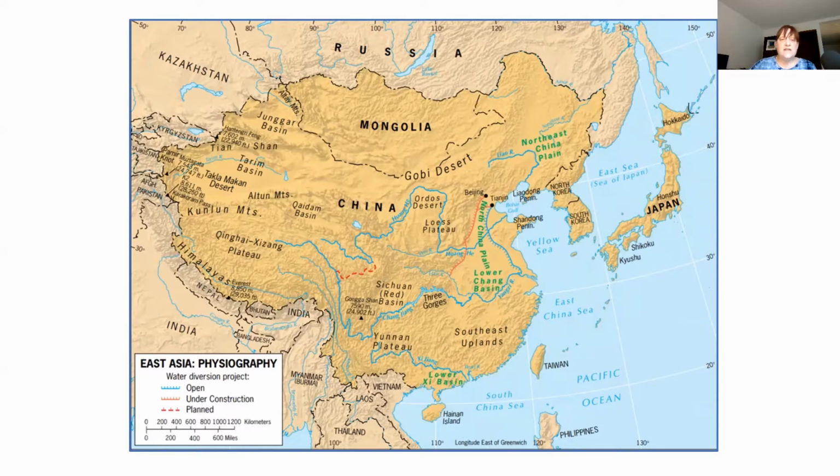If we look at the deserts, we see the Taklamakan Desert, the Gobi Desert, and the Ordos Desert. Basically no one lives there because it's a desert. The more interesting things for population and people are the river basins and their valleys and their deltas.